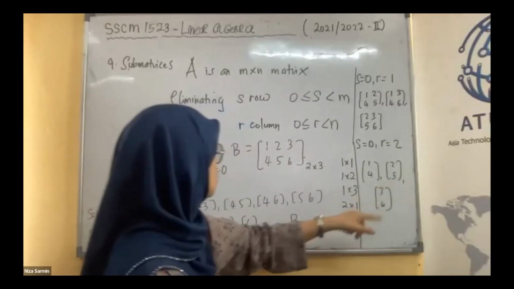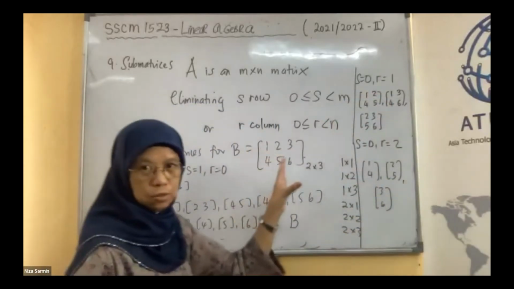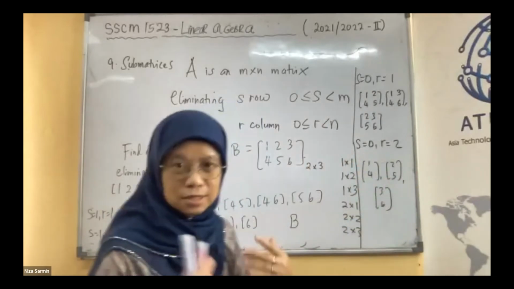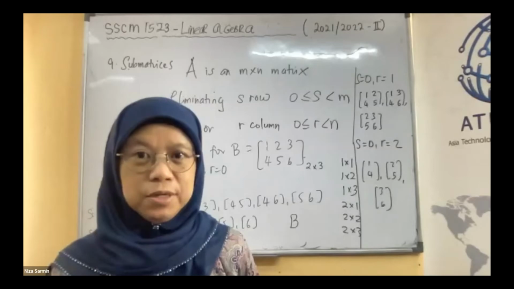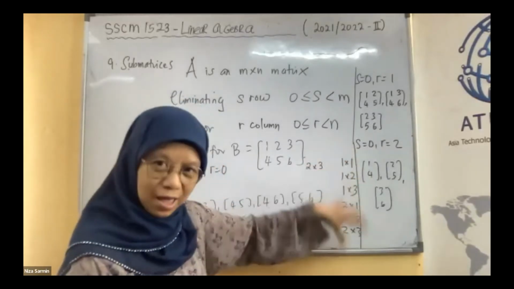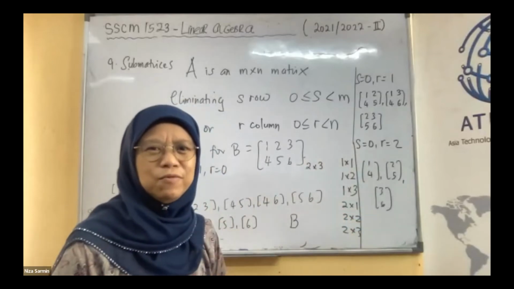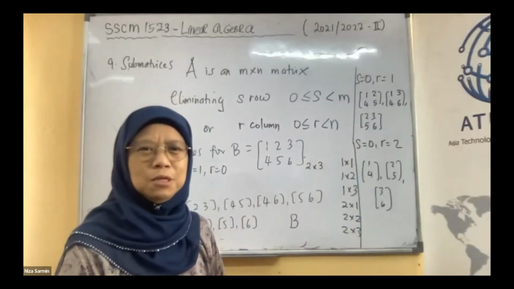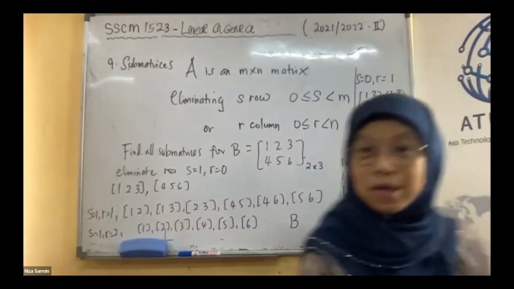This one. What's 2 by 2? This one. What's 2 by 3? The whole one. So this is the list of all submatrices of a matrix. I will always think about what's left rather than what to eliminate, right? It's a little bit confusing to think, okay, I eliminate this. Okay, is it clear?